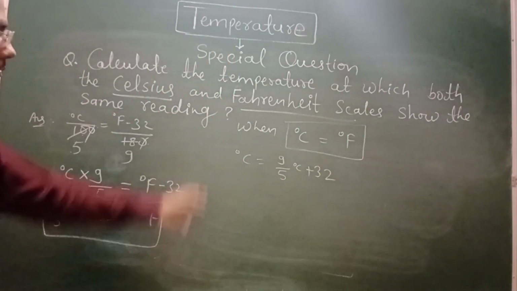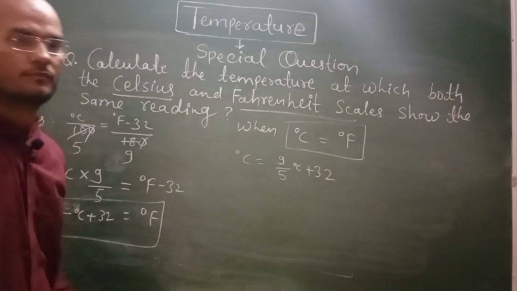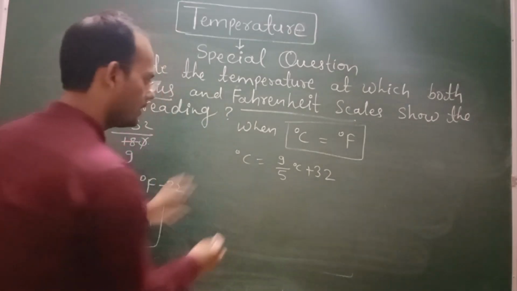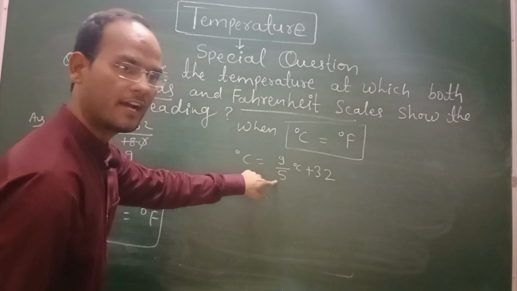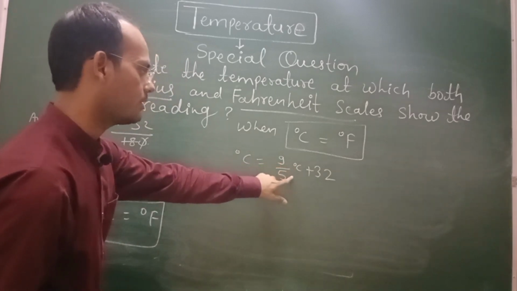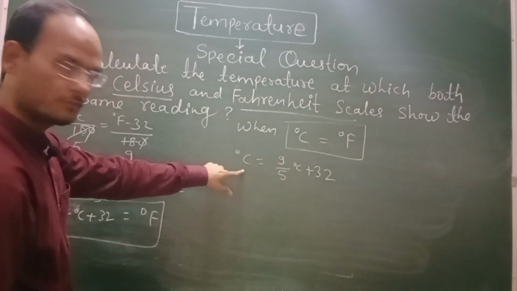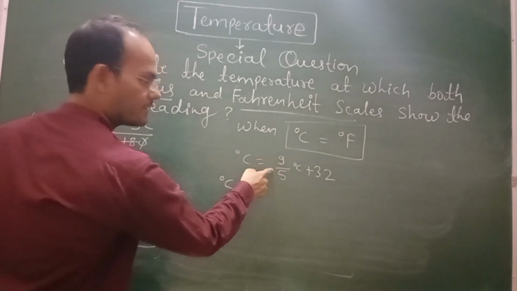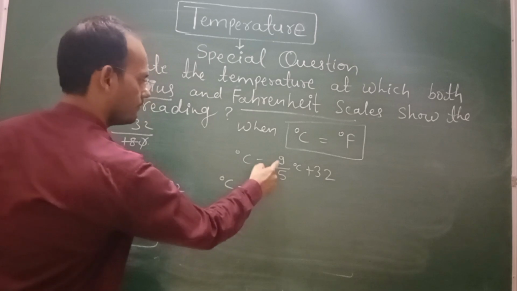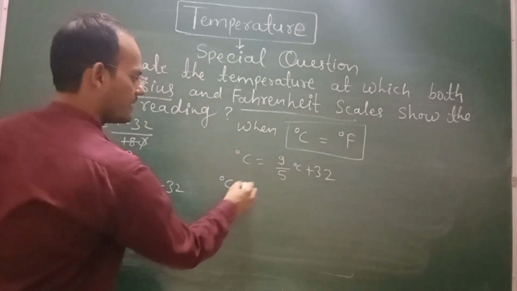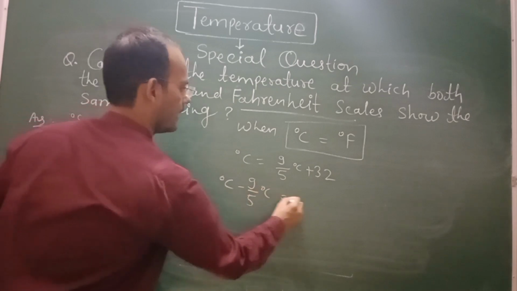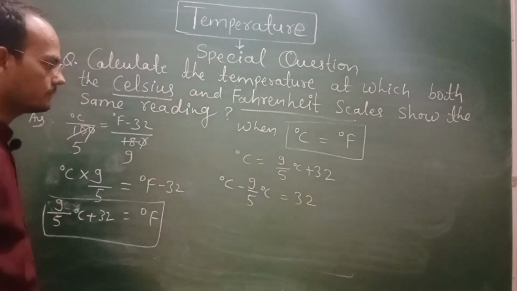Now this equation we have obtained. We have to calculate 9 divided by 5 degree Celsius. We have to bring this to one side, so degree Celsius, and this is the positive value, and when we bring it to this side, it makes the negative: 9 divided by 5 degree Celsius and equal to 32.